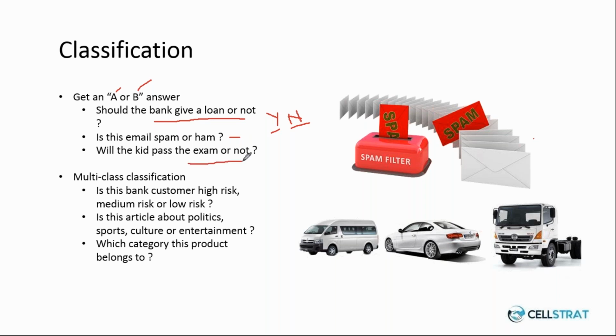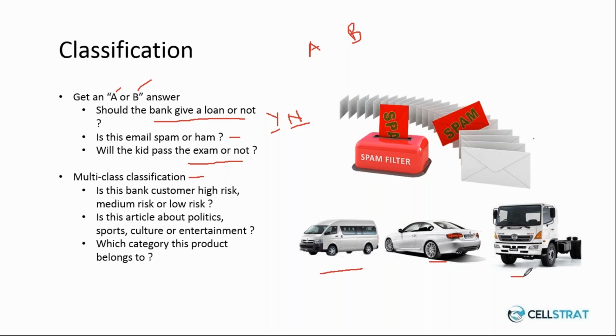Will the kid pass an exam or not? These are all examples of classification, where I'm trying to put things into class A or class B. I could also have multi-class classification. In this visual, I'm trying to decide if an automobile is a bus, a car, or a truck.